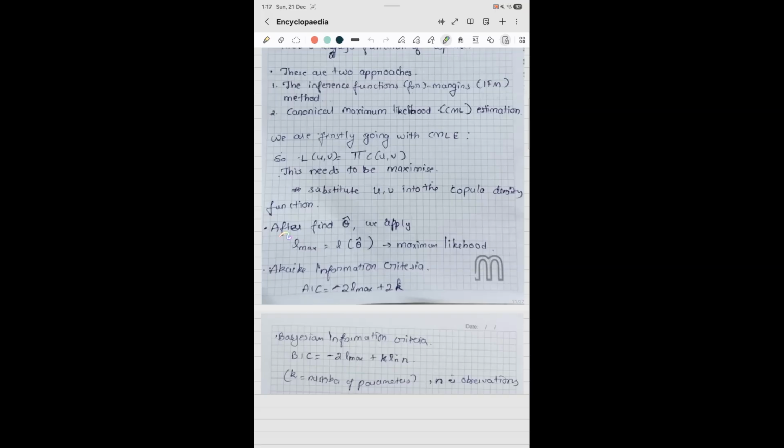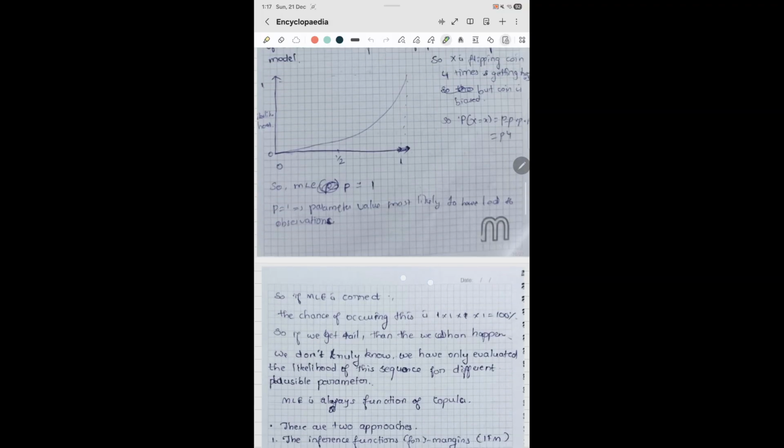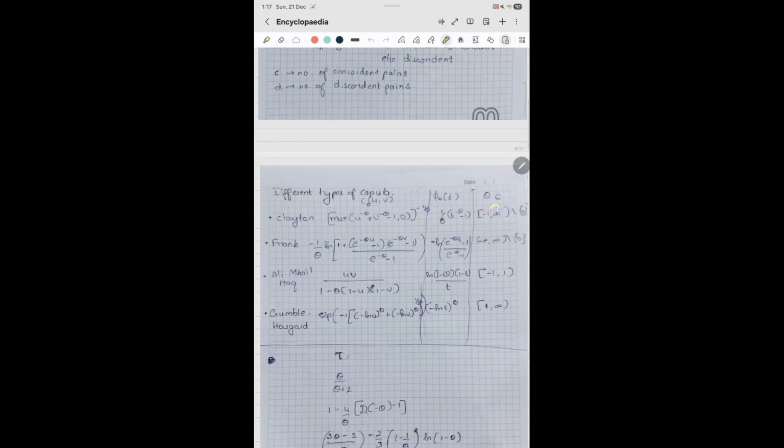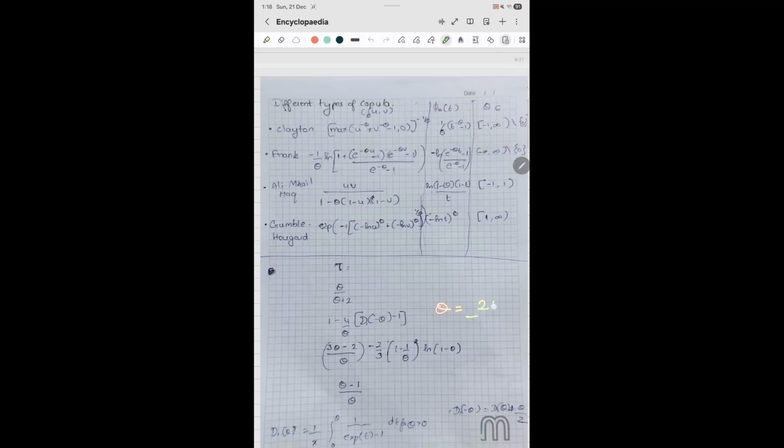In the theta, we have a certain parameter L max, which shows the maximum likelihood estimator. From the Kendall tau we'll get the theta. Suppose for the Clayton, tau equals theta by theta plus 2, so theta equals 2 tau by 1 minus tau, okay. So here we find the theta.